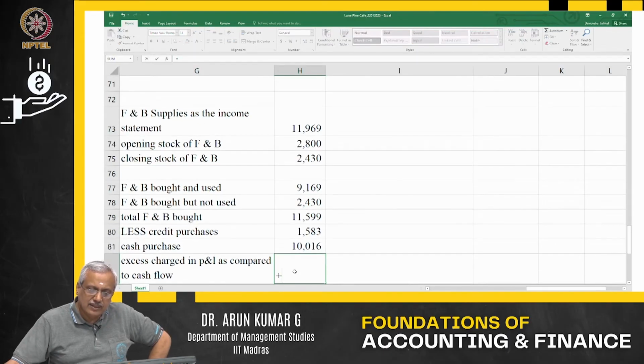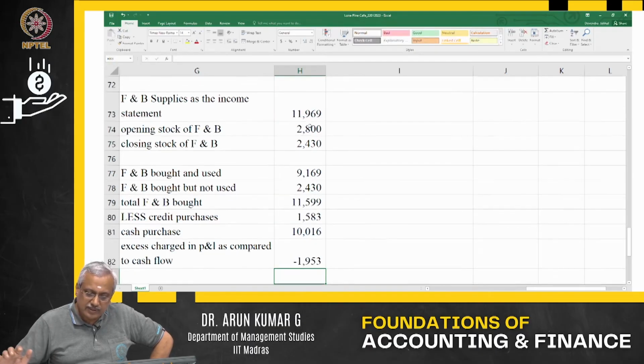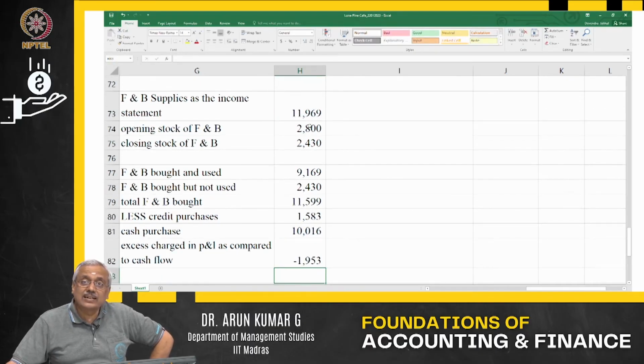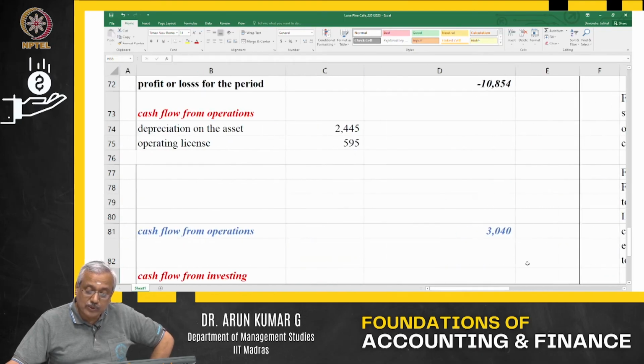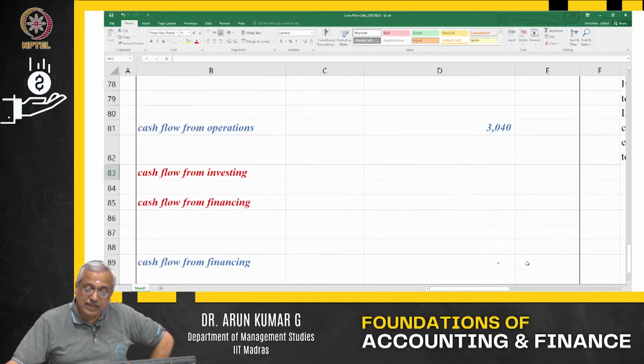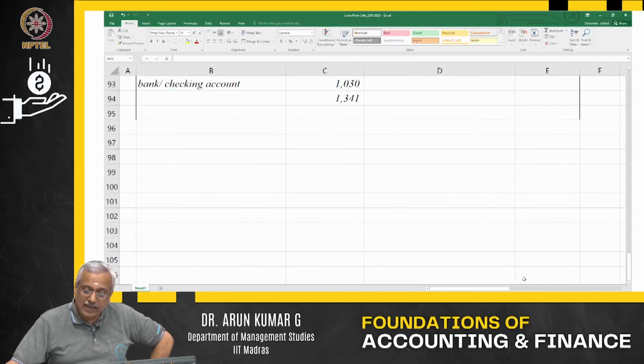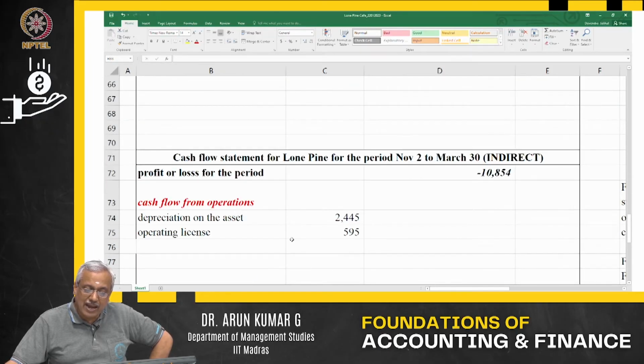This is the cash outflow what you have, but you have charged this. That means 1,953 you have charged more. When you have charged more, what do I do in the cash flow statement? In the cash flow statement, I am just going to add back that expenditure.